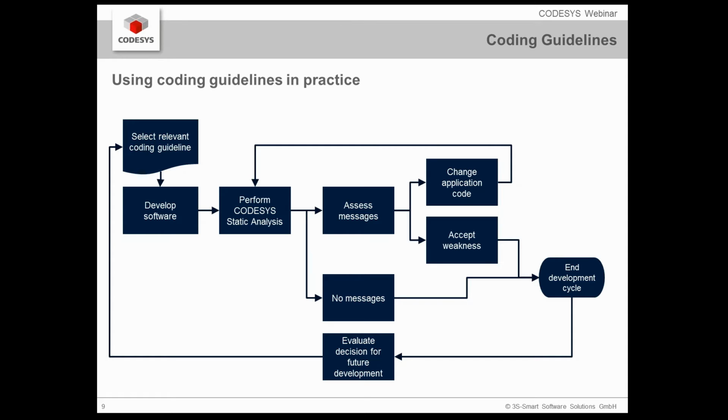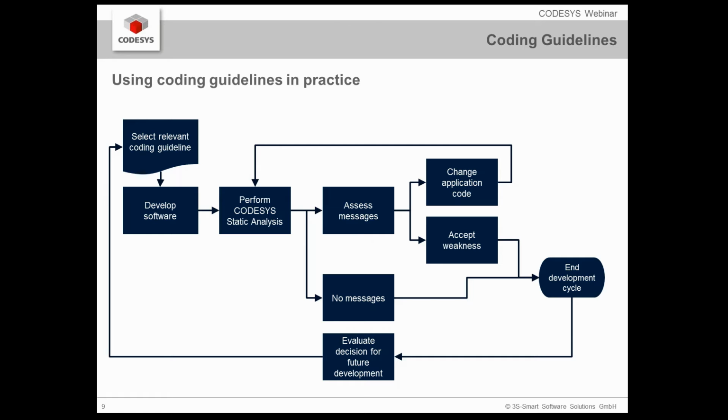In the first step on the left side, you have to select the relevant coding guidelines which you want to use in your software development or in your specific project. Then you can negotiate these coding guidelines with the software development guys, or just make it a mandatory requirement to them to fulfill what's requested, and then the software development has to follow these rules.